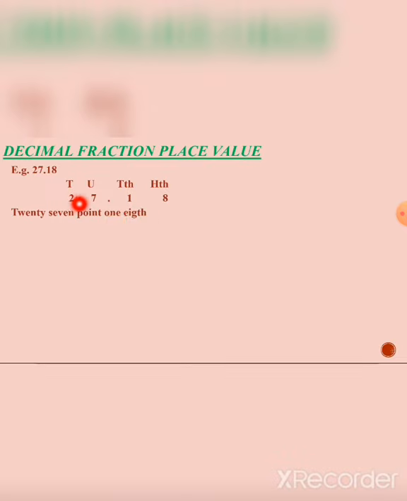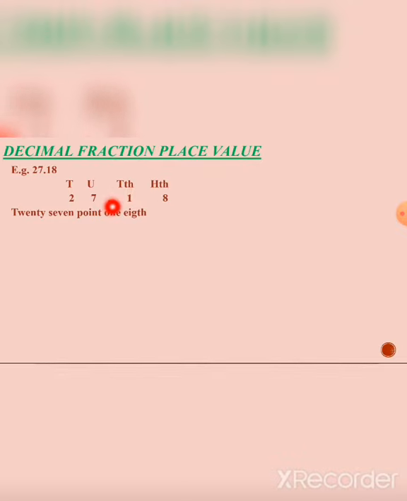27.18. Now students, here before the point the number is 27. We will give the place value as it is, unit and tens. But the numbers which are after the point, which is 1 and 8, we will give them the place value as tenths and hundredths. Always remember the numbers which are coming after the point, we will give the place value as tenths and hundredths.